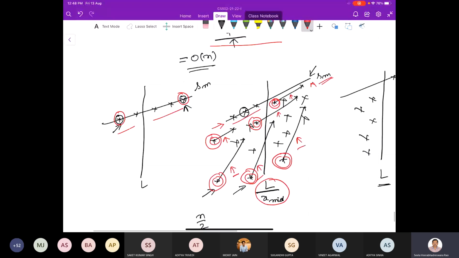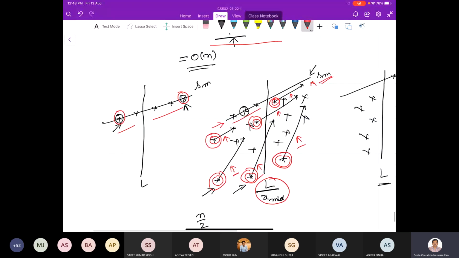And removing these n by 4 points: you take each pair, if the slope is greater than Sm, remove the leftmost point. If it is equal to the slope, then remove the leftmost point. If the slope is less than Sm, then do nothing, you keep both of them. So this is the procedure. This is the recurrence, and you will get order n time to solve this upper tangent.